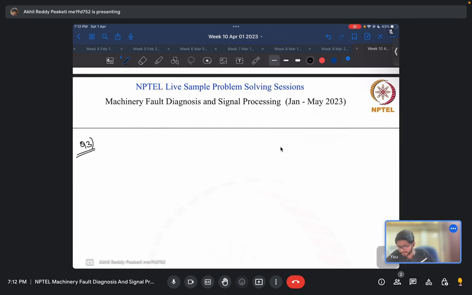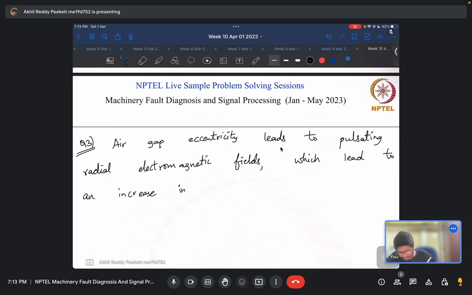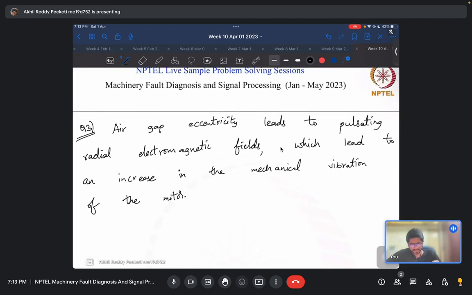Let's look at the next question. So this air gap eccentricity, which we have seen earlier, can lead to pulsating radial electromagnetic fields.